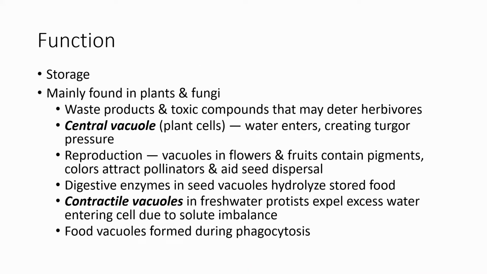A vacuole, its job is for storage. So the most common place you'll find these is in plants and fungi. They can be a storage place for waste products, certain ions. They are also potentially able to contain toxic compounds.